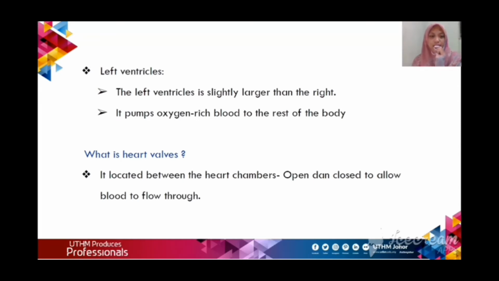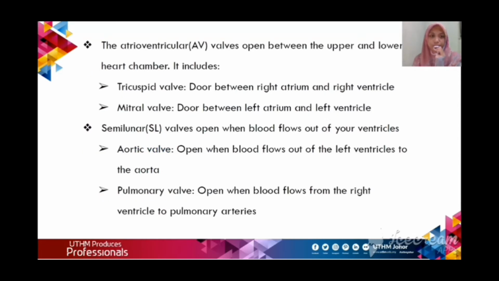What is the heart valve? It is located between the heart chambers, opening and closing to allow the blood to flow through. The atrioventricular valves open between the upper and lower heart chambers. They include the tricuspid valve, which is a door between the right atrium and right ventricle. Second is the mitral valve.